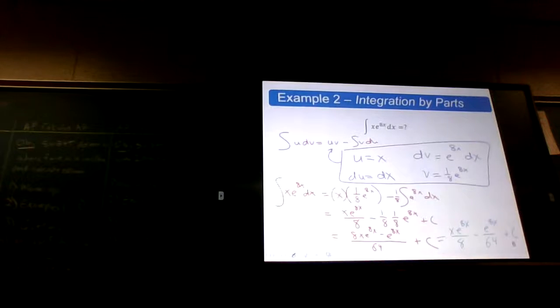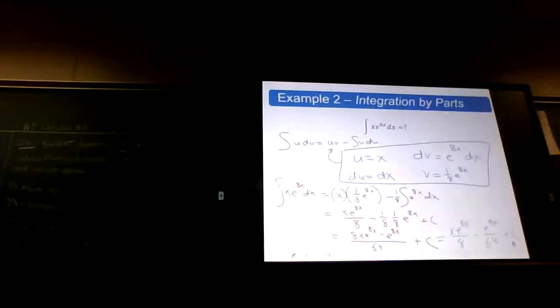So that'd be 1 over 8 e to the 8x. And then this thing here, where the 8's would cancel, so that's going to be plus x e to the 8x. Oh, by the way, this cancels with that, right? And so you're left with this.